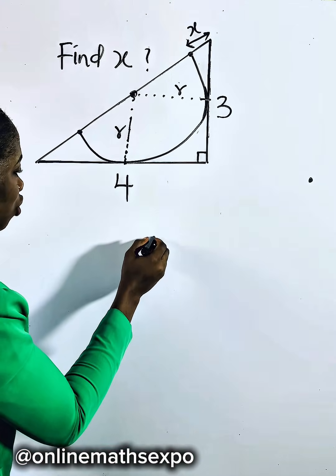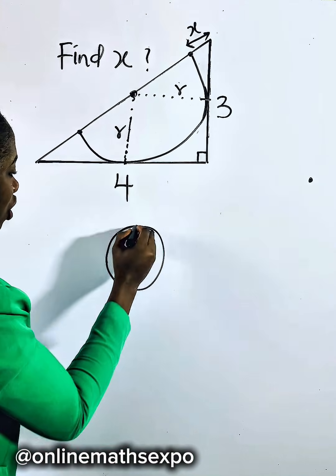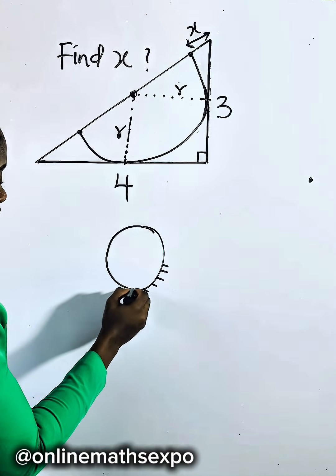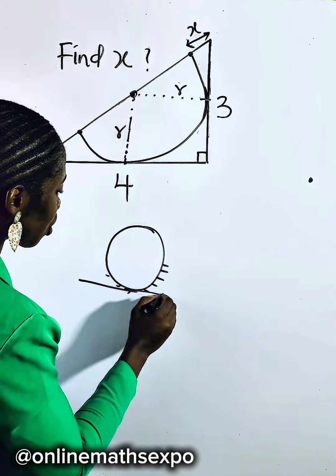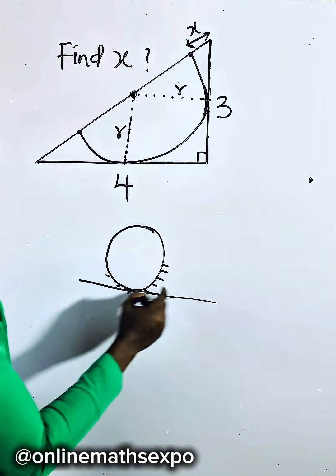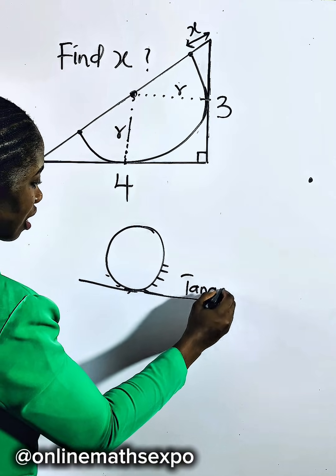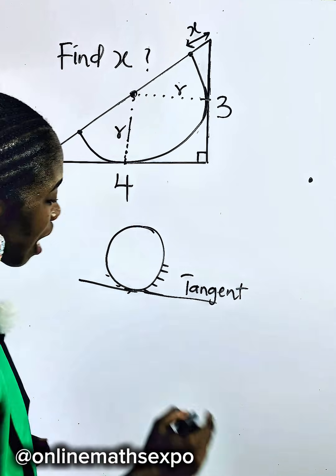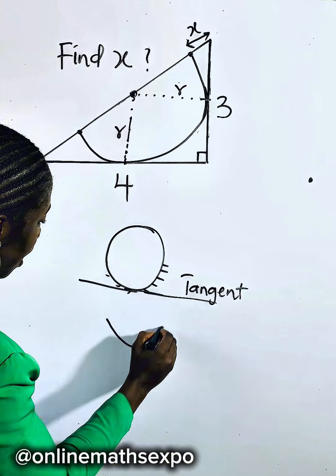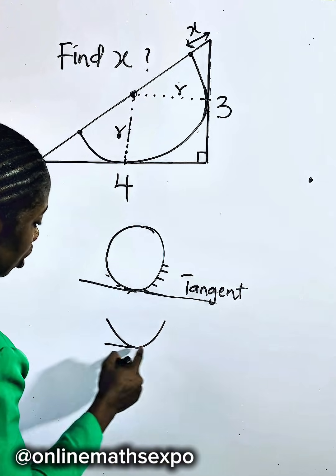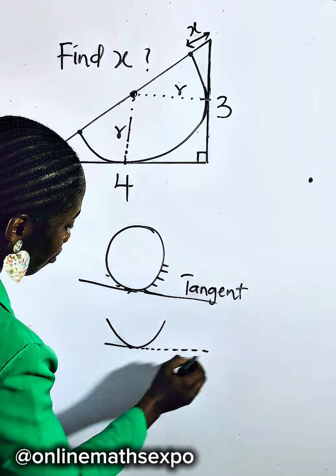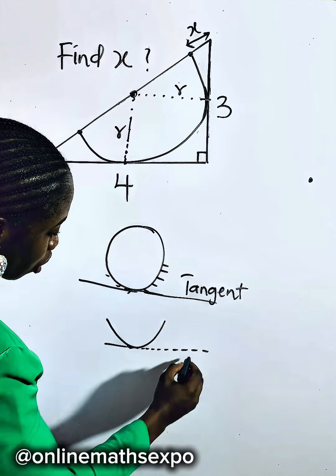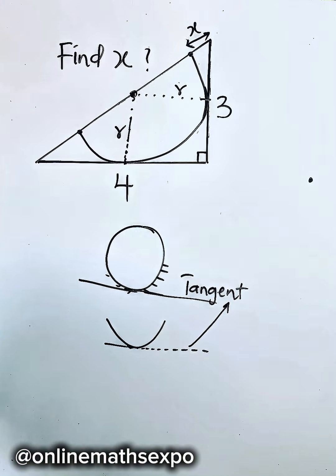Each time you draw a circle, this part is the circumference of the circle. And when a line is drawn to touch the circumference at a point, we call this line the tangent line. It's also the same when you draw a semicircle. Provided the line touches the arc or the circumference of this particular semicircle, this is also your tangent line.